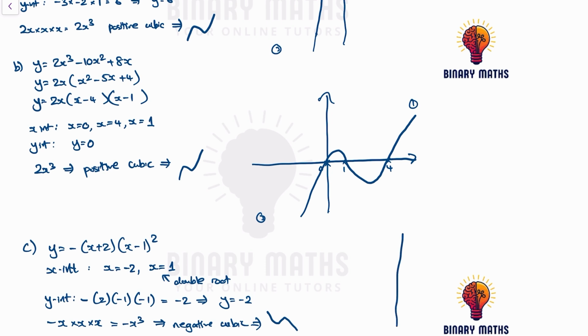So if I were to do a rough sketch, x equals negative 2 is a single root, x equals 1 is a double root, so it's going to bounce off that part. y is equal to negative 2 is the y-intercept. Start off at quadrant 2, end up at quadrant 4. It's going to bounce off this one because it's a double root at 1. So something like this going off.